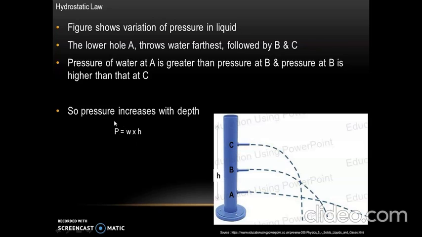From hydrostatic law, we have derived the equation P is equal to W into H. So, P is directly proportional to H. As H increases, P also increases. So, since at A, H is more, pressure of water at A is greater than that at B and at C. Hence, the lower hole A throws water farthest, followed by B and C.